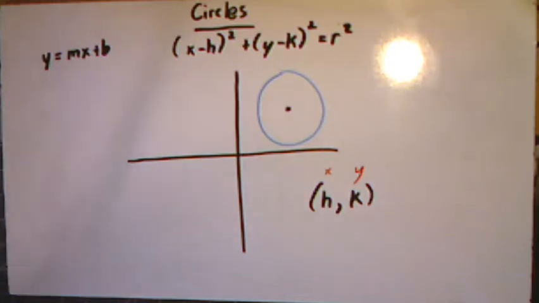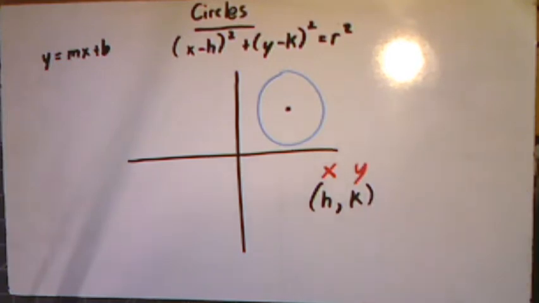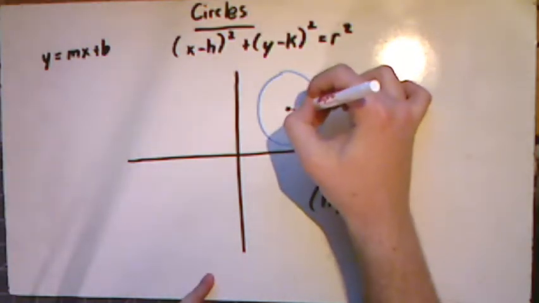Then we also need how large our circle is. Now, there are a couple of ways we can do this. The most common and always necessary for a circle is the radius.